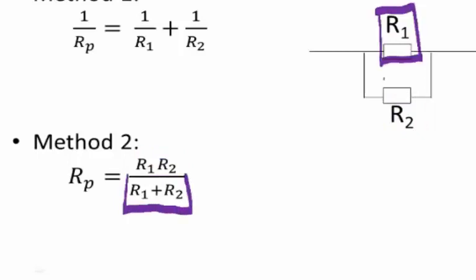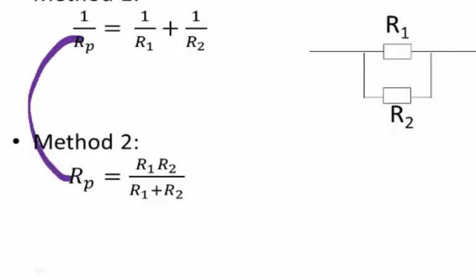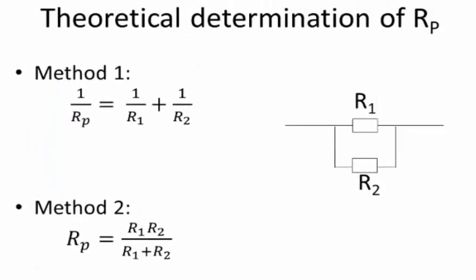This resistance plus this resistance. And they will give the same value as one another. Method 2 is easier to use. So if you only have 2 resistors, it's a good idea to use it. But you must know how to use method 1 too, because it's the only one that works when we have more than 2 resistors. So that's how to determine the effective resistance theoretically.